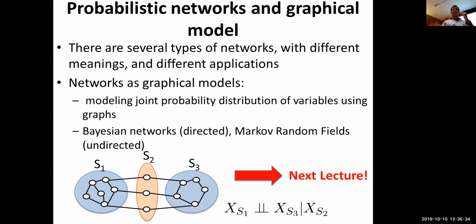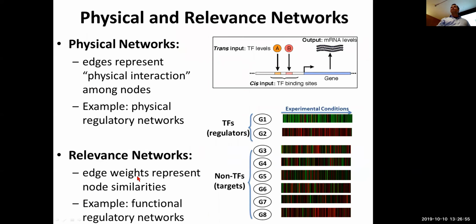All right, so we're going to talk about probabilistic networks, and on Thursday next week, we're going to talk about networks as graphical models, where basically every node represents a variable and every edge represents dependencies between those variables.